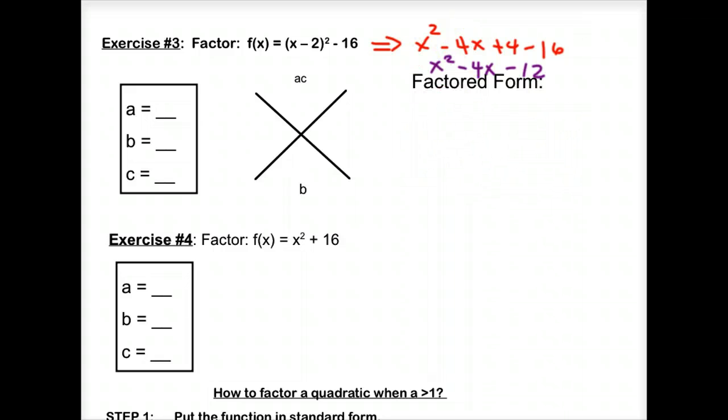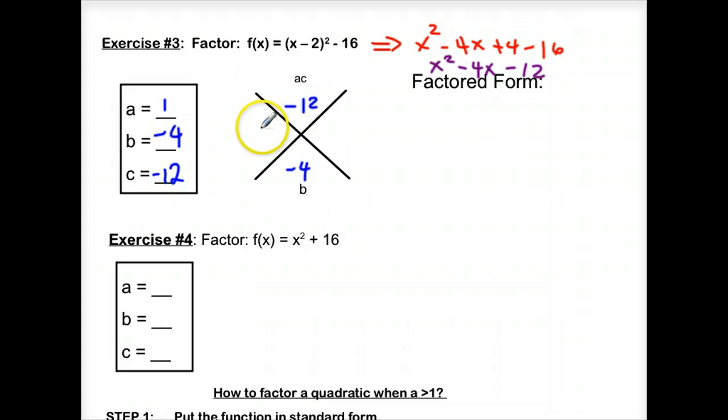So now that I have my standard form, I'm going to identify my A, B, and C. My A is 1, my B is negative 4, and this is negative 12. A times C goes on top, so this is minus 12, and my B term goes on the bottom. So I want to think of two numbers. When I multiply them, I get negative 12, and when I add them, I have to get negative 4.